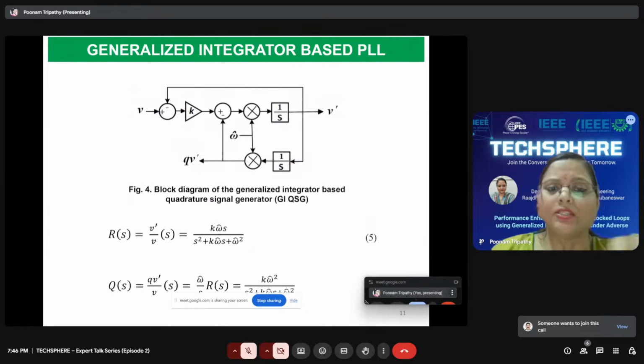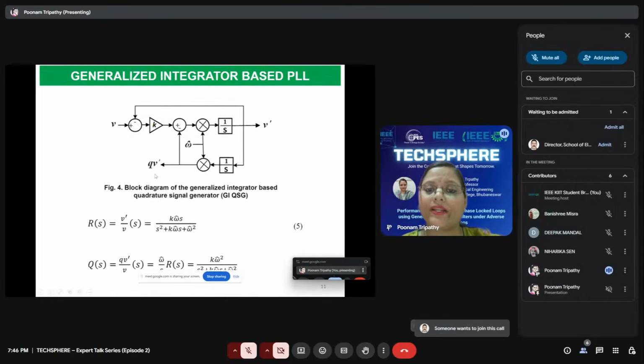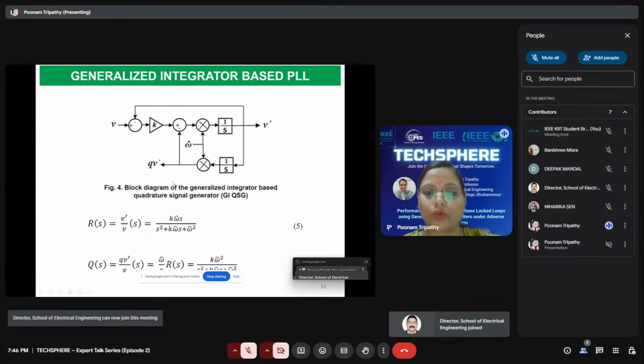See, here Figure 4 basically represents the structure of a generalized integrator based orthogonal signal generator. We can see that for the input voltage V, by the use of two integrators, two outputs are generated. So orthogonal signals have been generated. One is V dash and one is QV dash. So V dash is the in-phase voltage component and QV dash is the quadrature phase voltage component or the orthogonal signal.